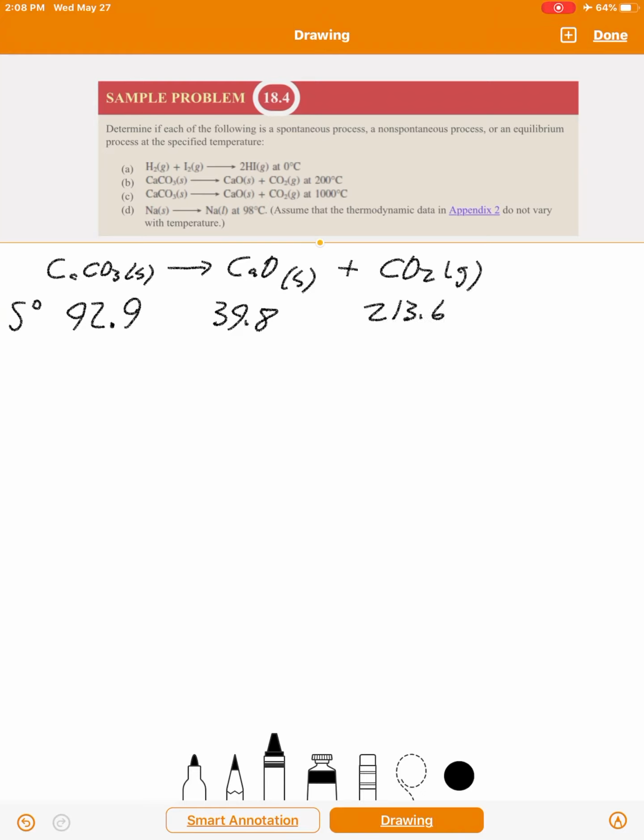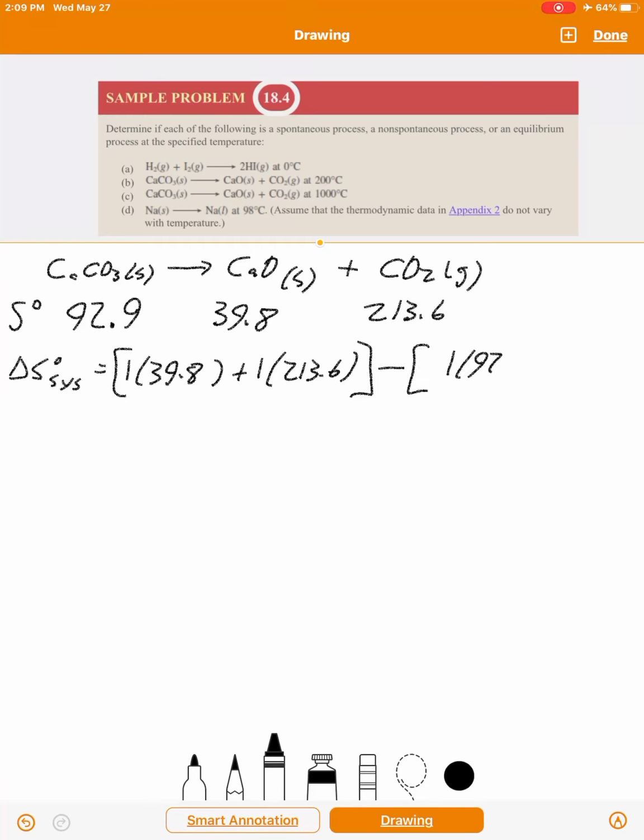Okay, so let's from that get delta S of the system. Products minus reactants. So 1 times 39.8 plus 1 times 213.6. Put that in brackets so that we know that's the products, minus 1 times 92.9. Put that in brackets.